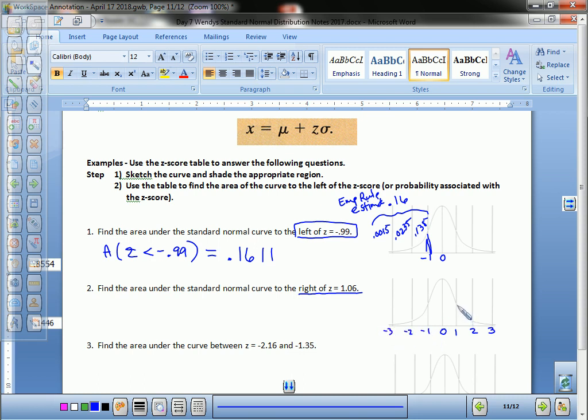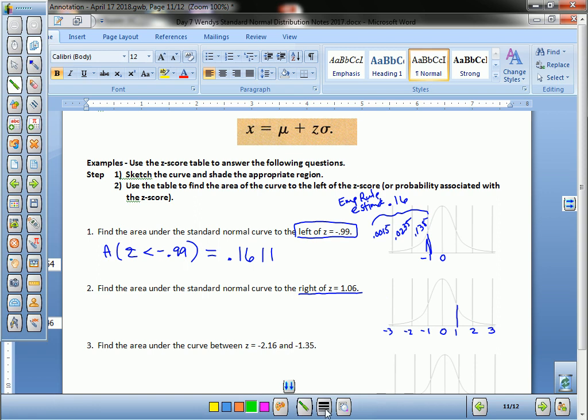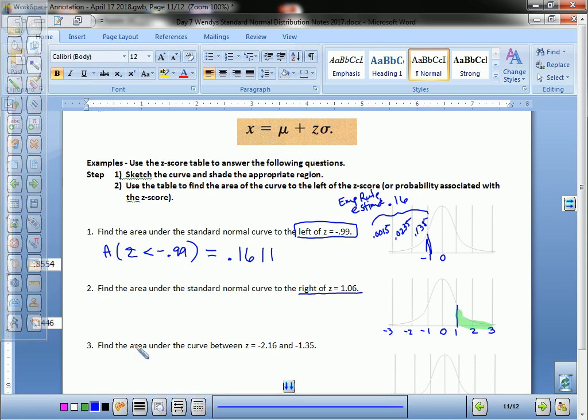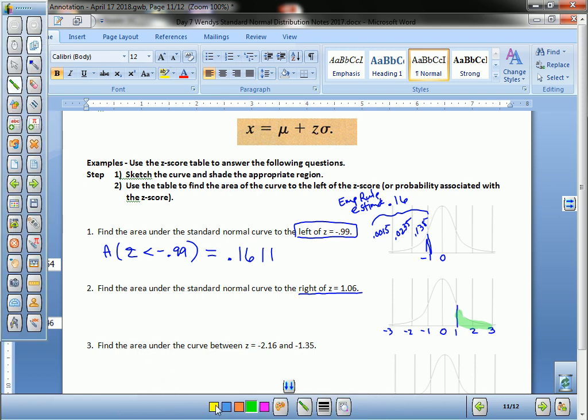All right, so 1.06, like just past here. And this time we're doing to the right. So I have to go this way. It's this part. All right, but when I look it up on the Z chart, it gives me this part.